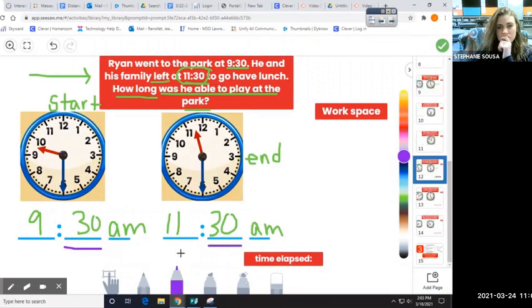The change I see is in the hours. That tells me that hours are passing as Ryan is playing at the park.